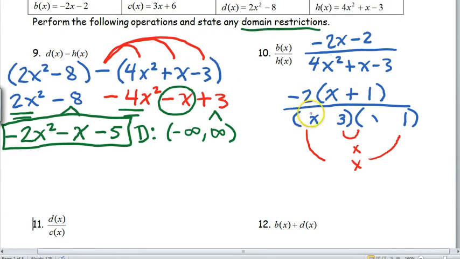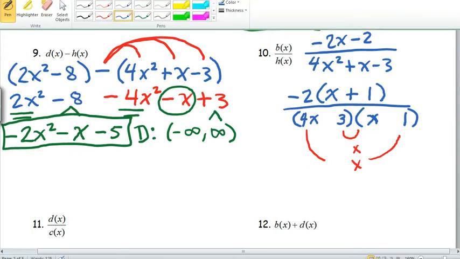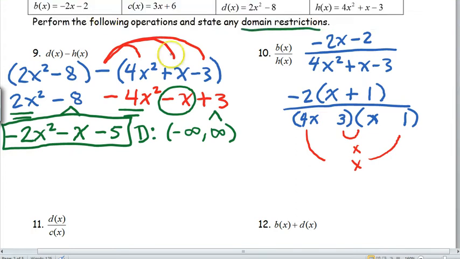Okay, so instead of 2x and 2x, I'm going to try 4x and x. Okay? Now, if I have it this way, now what are my inner and outer? So inner is 3x. What do I have outer? 4x. Okay? Can I get a 1x out of that?